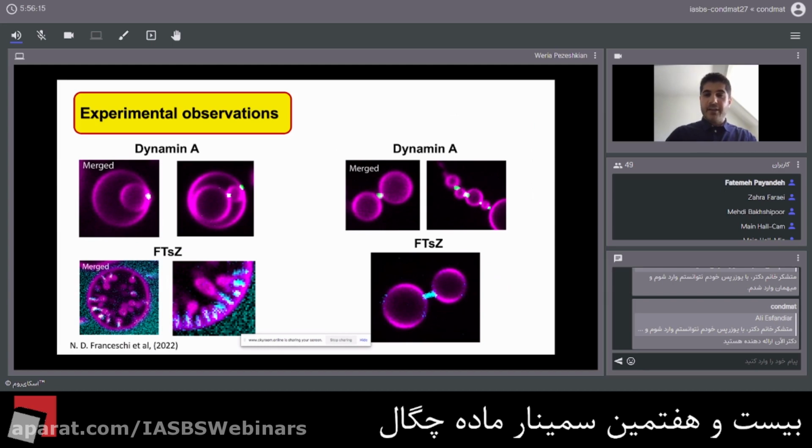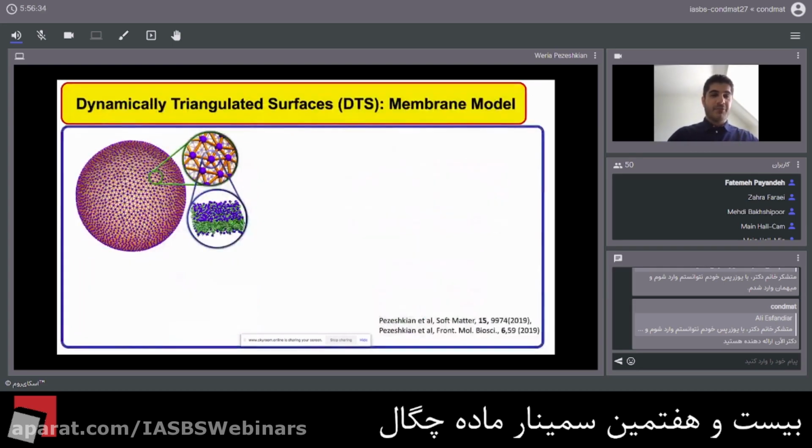And from this observation, we wanted to actually develop a model for it, and also to understand how this nanostar induces the membrane curvature. So before going any further, let's now come back to the details of the method that I was describing. The method for this is dynamically triangulated surface simulation, which is a mesoscale simulation.